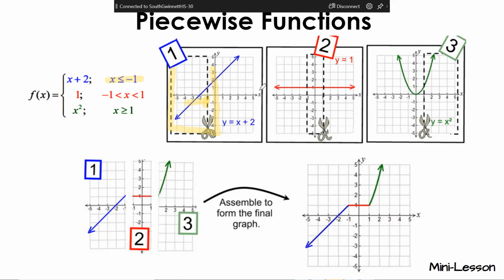Now for the red line, we have from x is -1 to x is +1, so all that junk in between. And then on the last one, we have x is greater than 1, so we're going to include this picture. If we take all three of those pieces and we put them all together, ta-da, we get this finalized picture. So that was the foundation of piecewise functions, right?